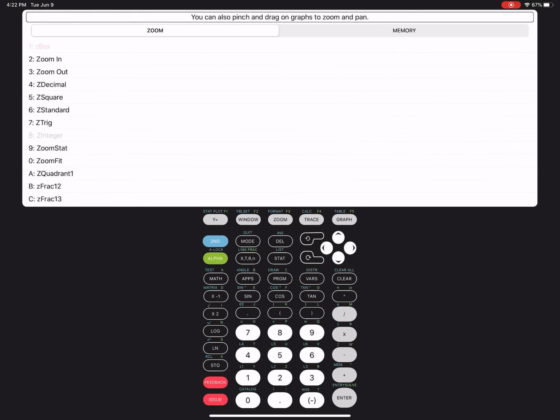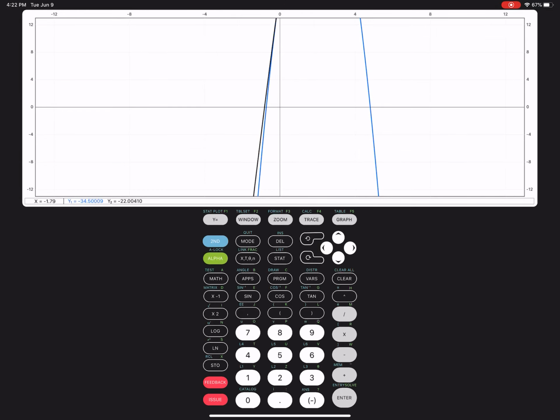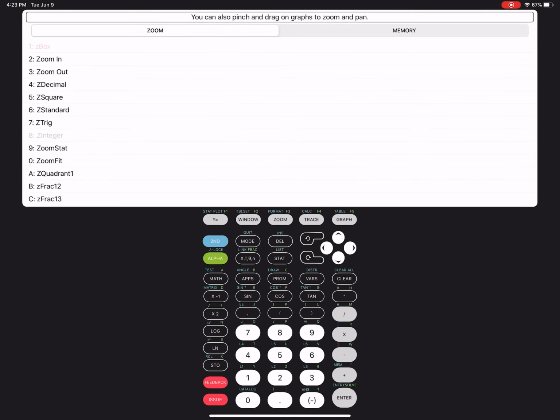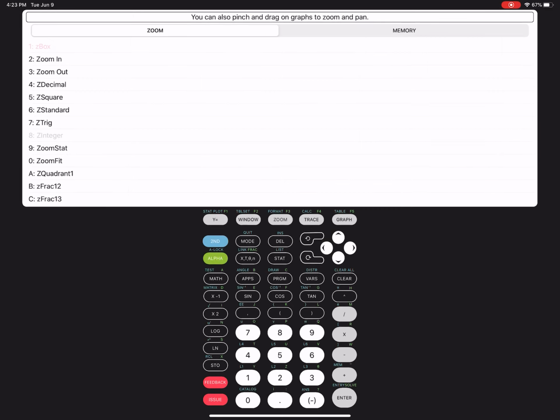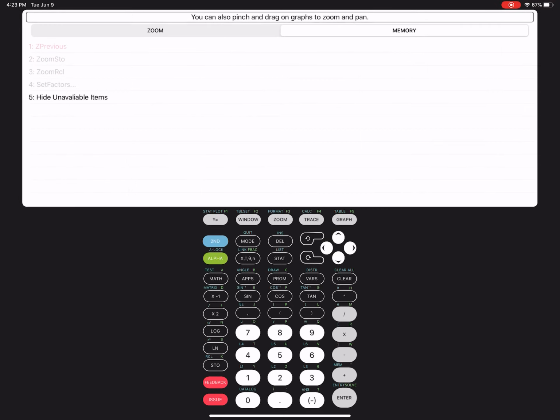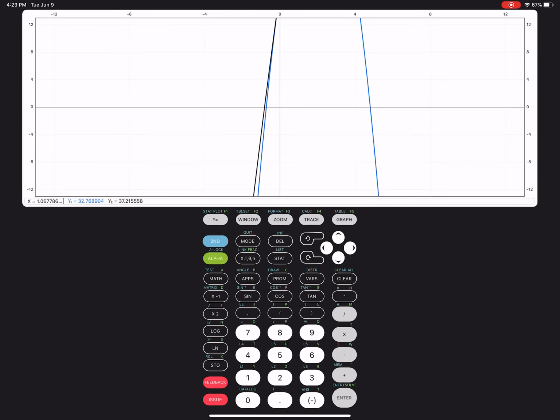Can I zoom out? Come on, let's zoom out. Can you not zoom out any? What is going on here? What in the world? Let's try this. Zoom out.